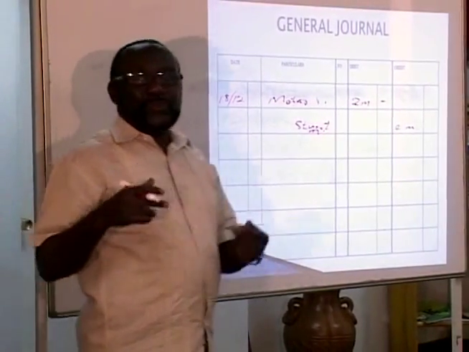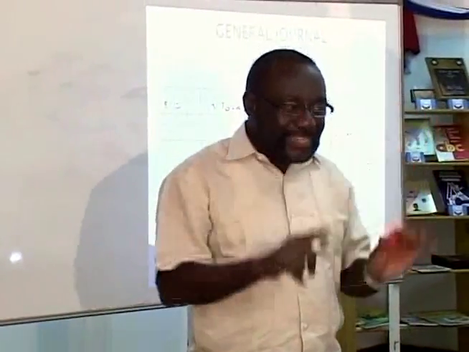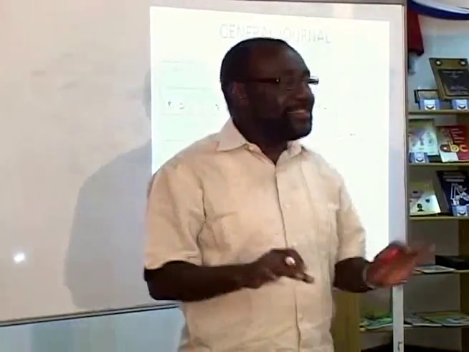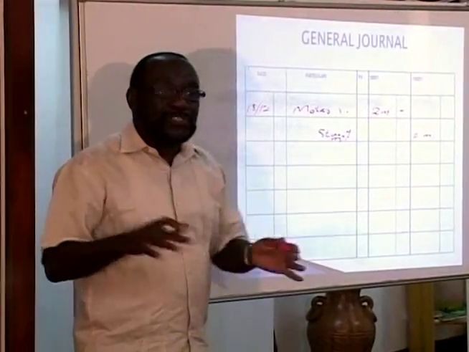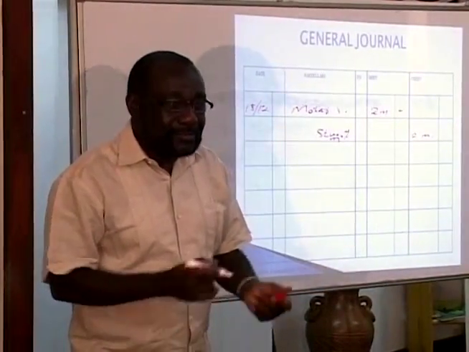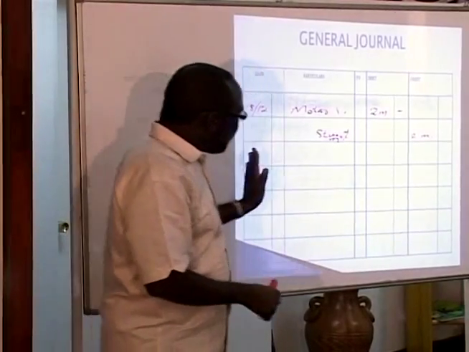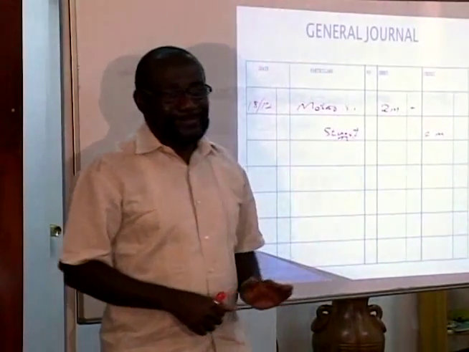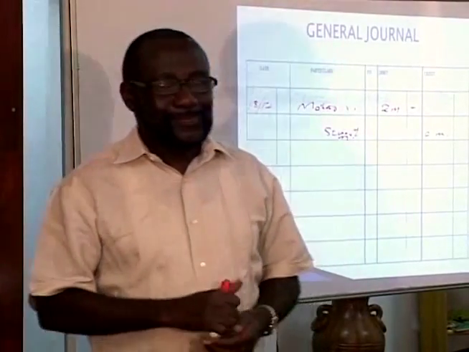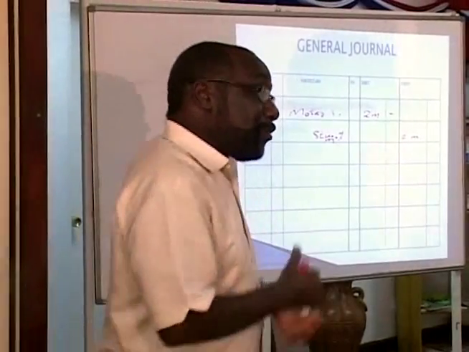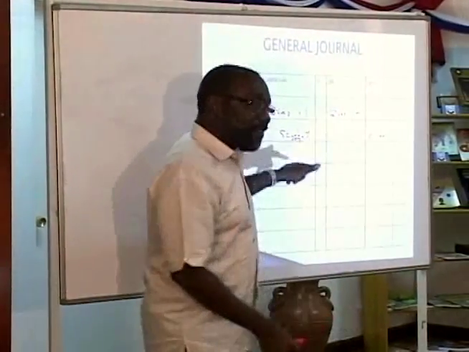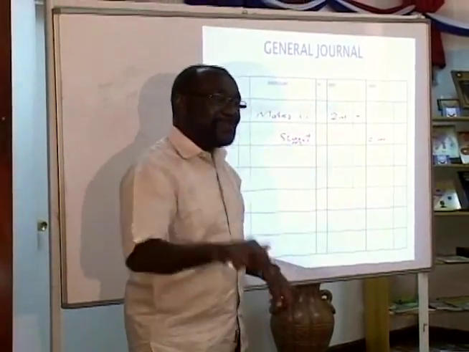narration. Now if I told you that the narration is really to express what it is that we have recorded, what we have done, what the transaction was, what would be an appropriate narration? An appropriate narration would be to record purchase of motor vehicle.